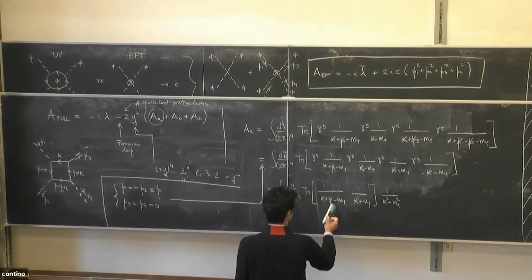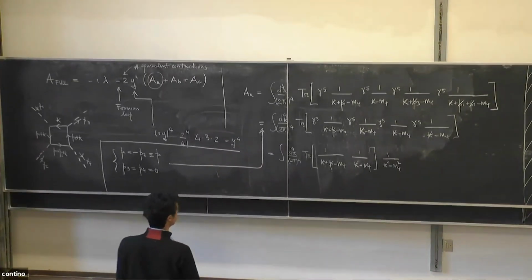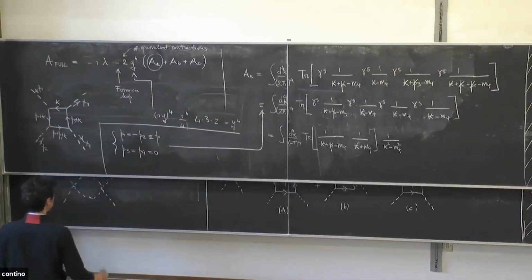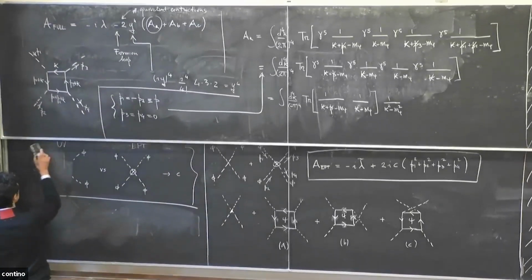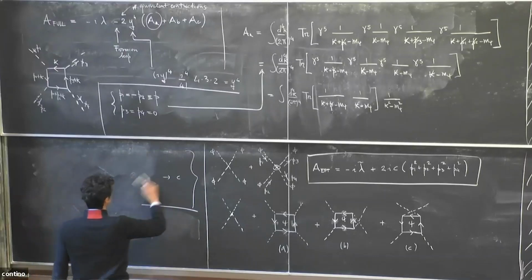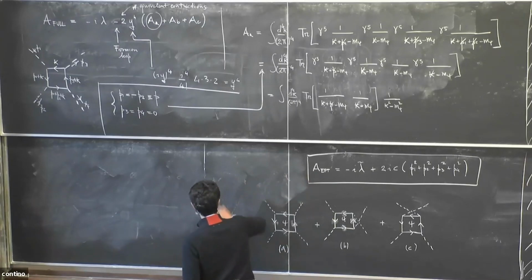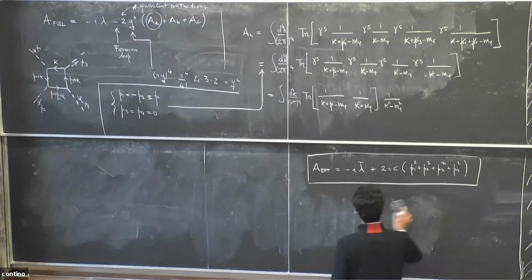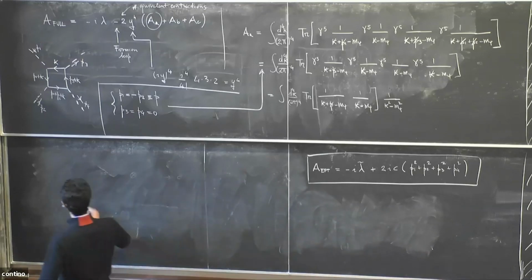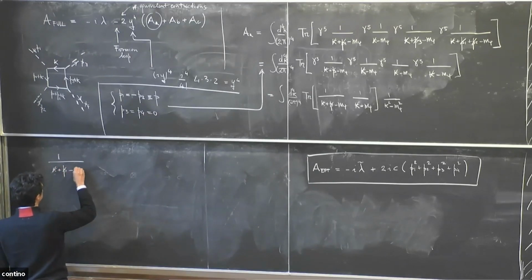Let me Taylor expand this first factor in the trace. That's easy. So I have 1 over k slash plus p slash minus m psi.